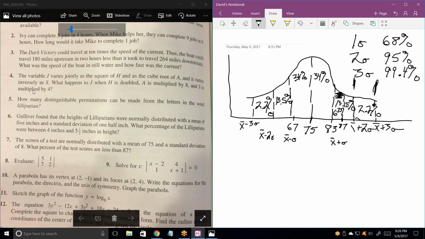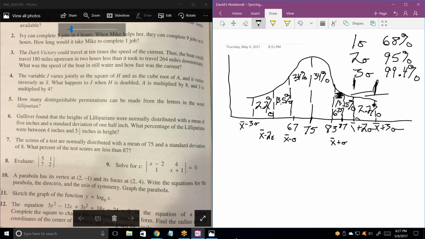So to answer their question, what percentage of the scores are less than 87? I just got to take 99.4% and subtract off those two zones. Because the rest of it is 90.